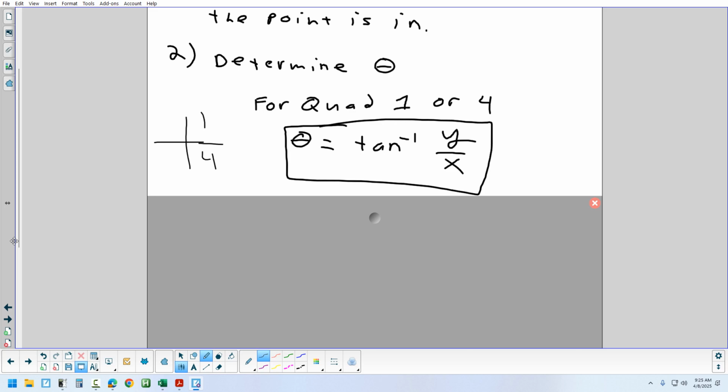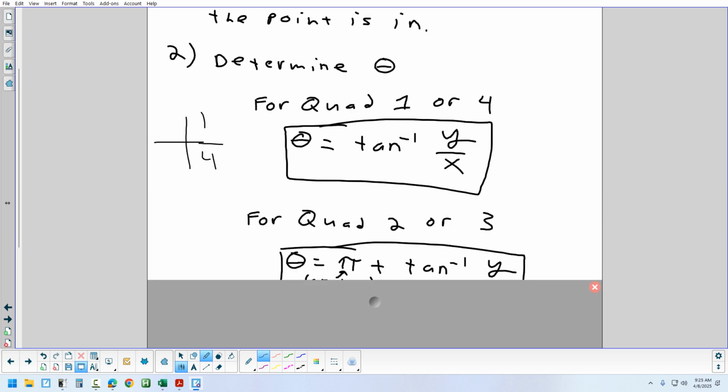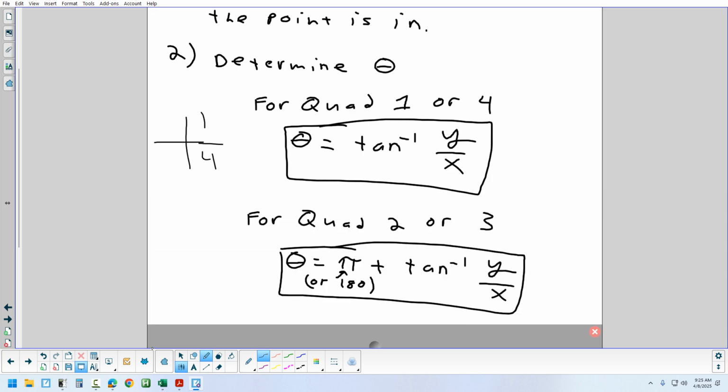You have to make a small adjustment to it. You can still do the inverse tangent of y over x, but you have to add 180 to it. You add 180 if you're working in degrees, or add pi if you're working in radians.